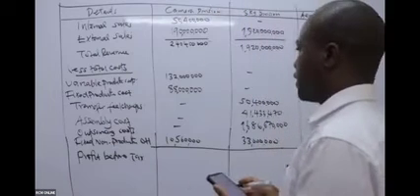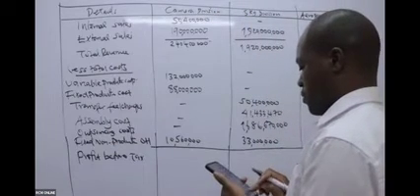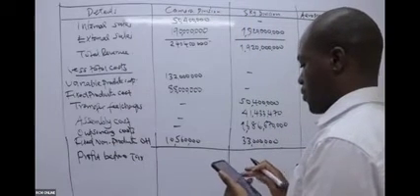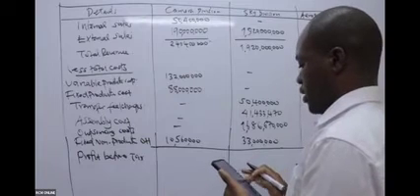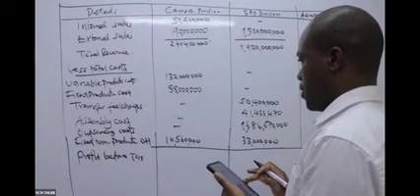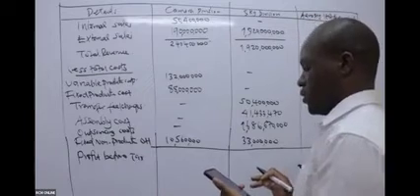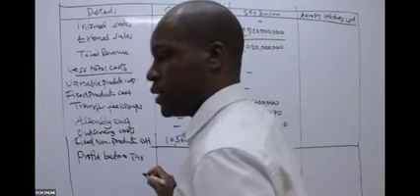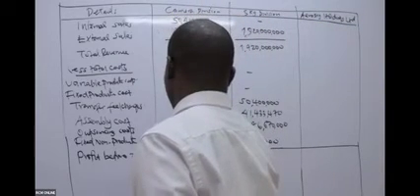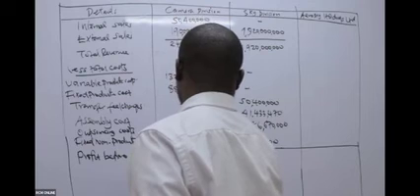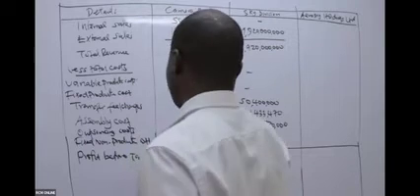Then we deduct all these expenses. So I'm getting 9840. Thank you. That's our profit before tax.